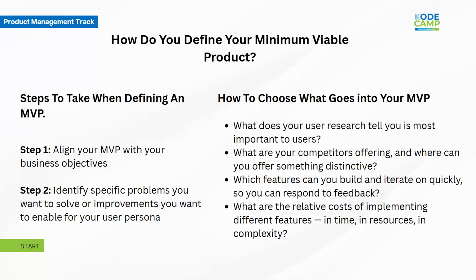Which features can you build and iterate on quickly so you can respond to feedback? What is the relative cost of implementing different features in time, in the time you have, with the resources you have, and with the different complexities that you currently have?